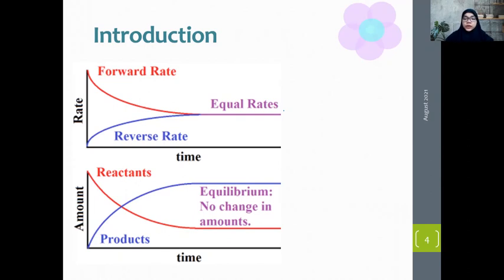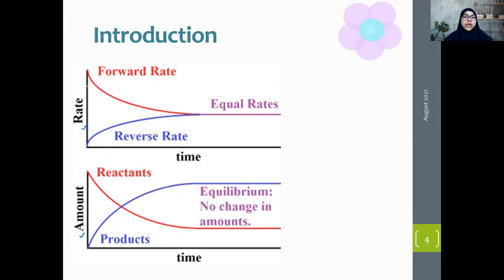First, you should be able to describe the definition of equilibrium. Equilibrium means there is no change in any property, such as we evaluate based on the amount or rate at a certain period. So the value is constant throughout the time.